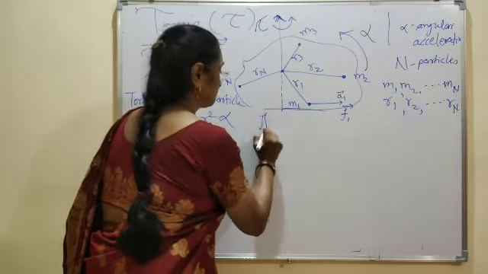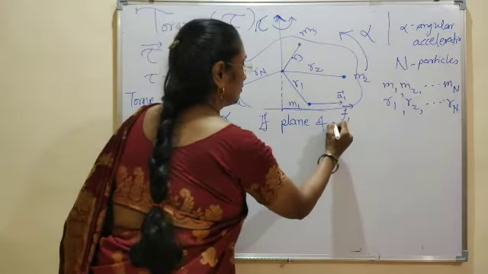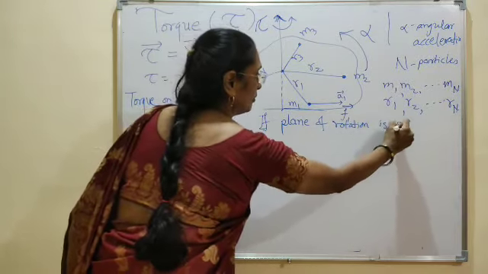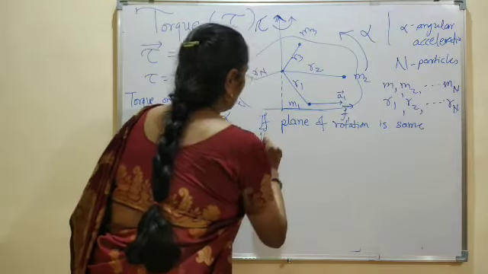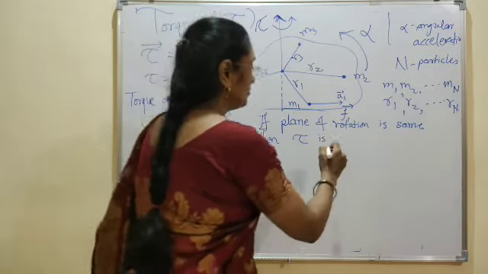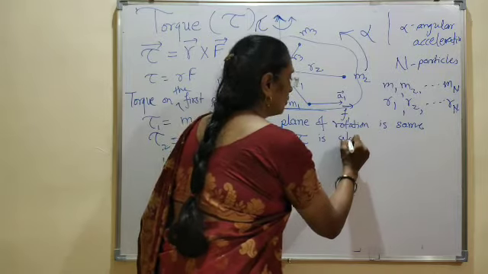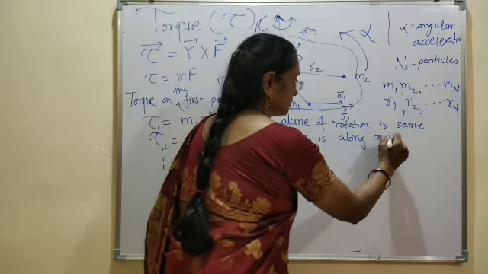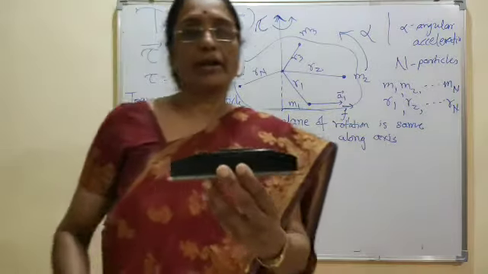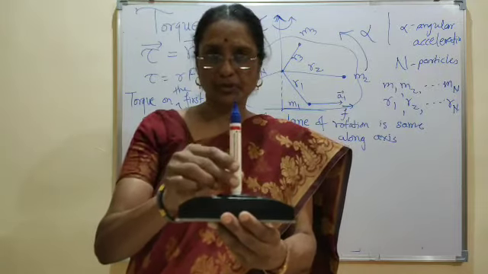If the plane of rotation is the same, then torque has the same direction. Torque is along the given axis. Here I show the body's axis of rotation in this way.